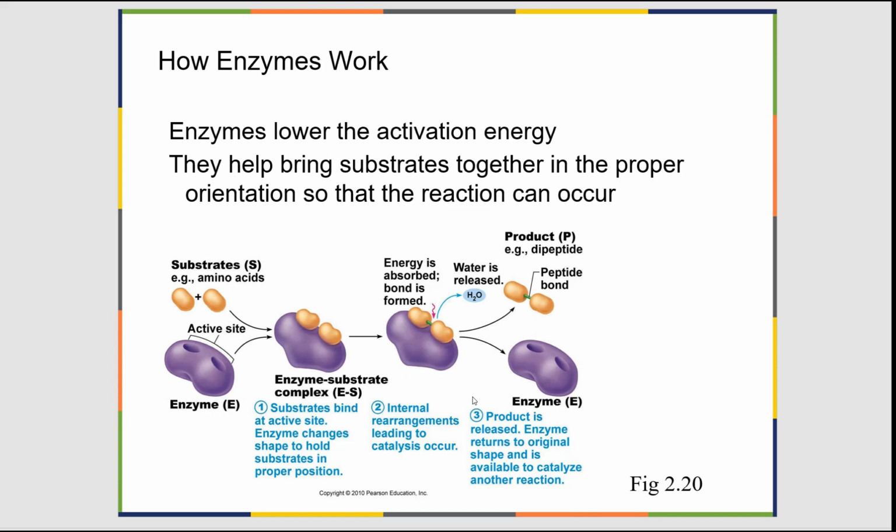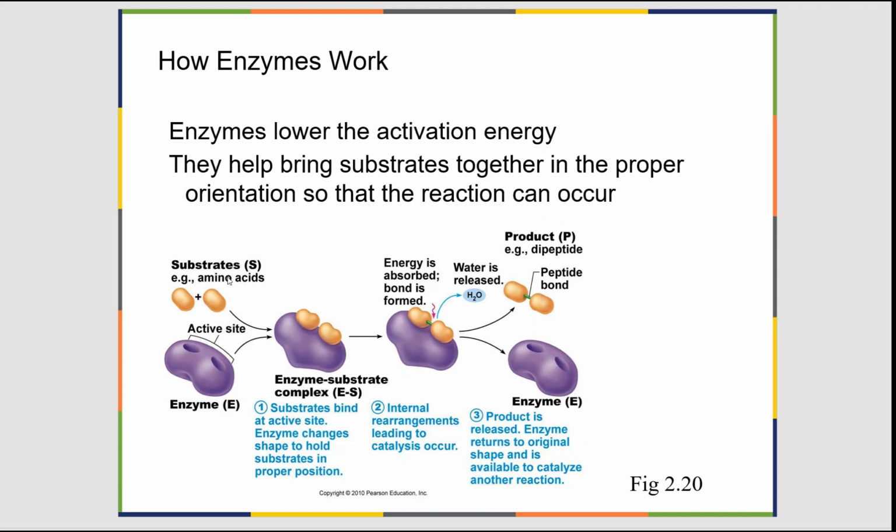Remember that these are all dehydration reactions, and so it releases water, and then that amino acid or that reaction is going to have been formed, and you get our product. In this case, it's a dipeptide, and then that enzyme is then now open in order to catalyze another reaction.